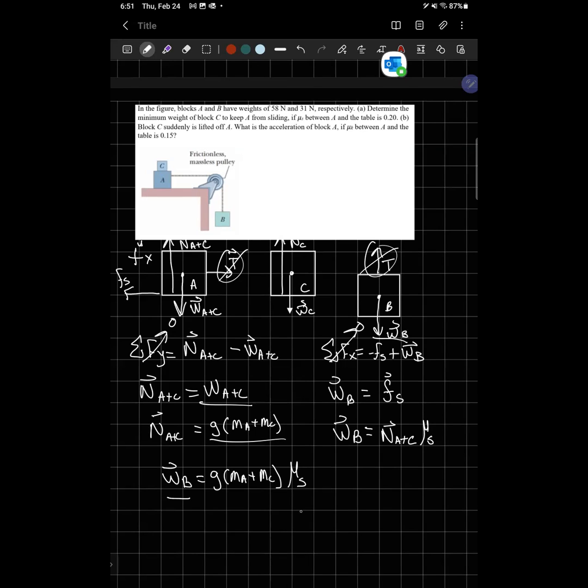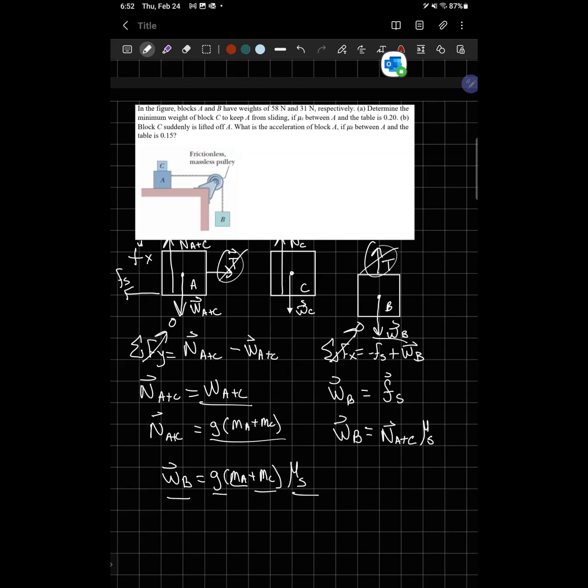Do I know mu S? Yes. Do I know the mass of block A? Yes. It doesn't tell me in the question, but I can figure it out by dividing 58 by gravity. So I can figure out mass of A. Do I know what gravity is? Yes. So I know everything and I have what I need to solve for MC.